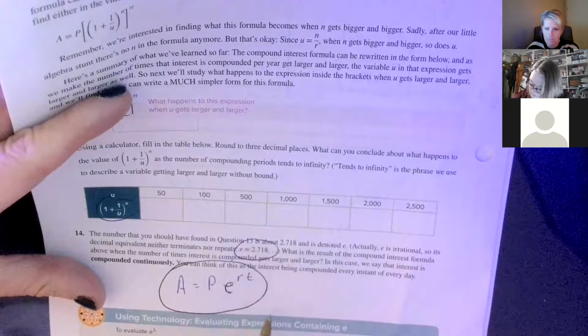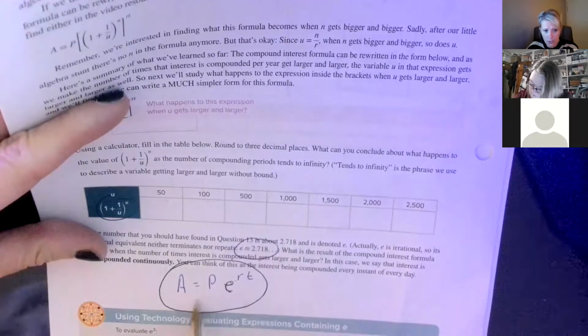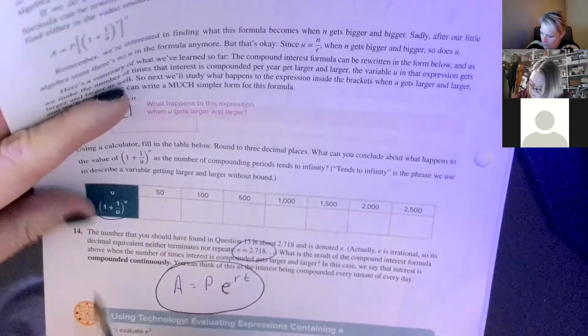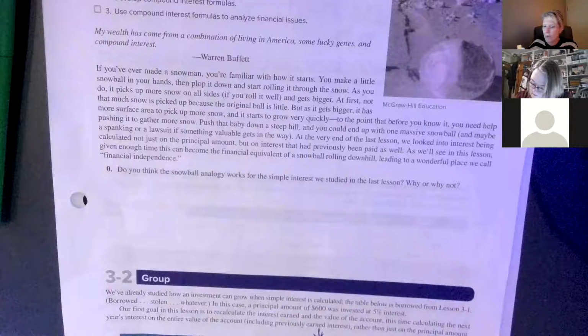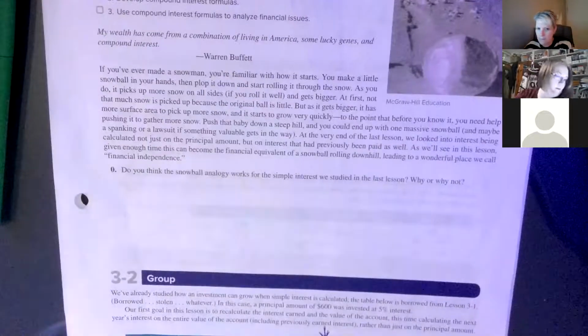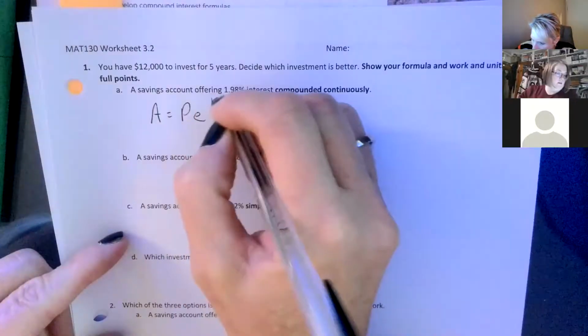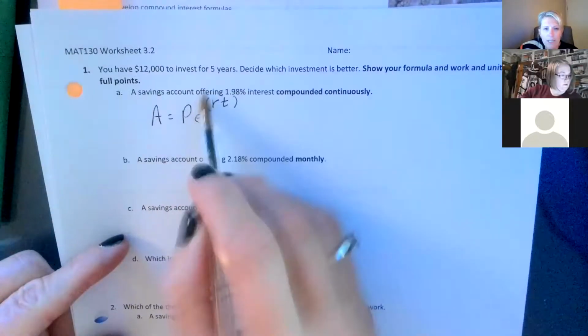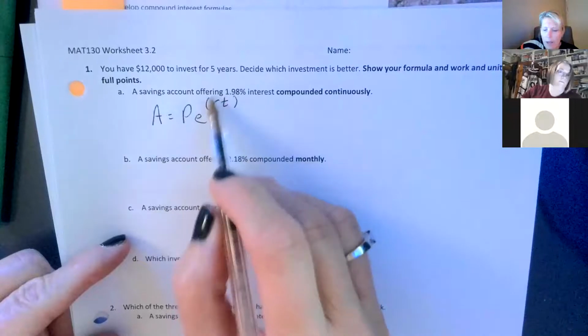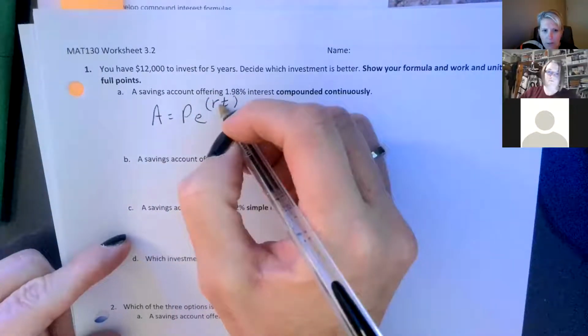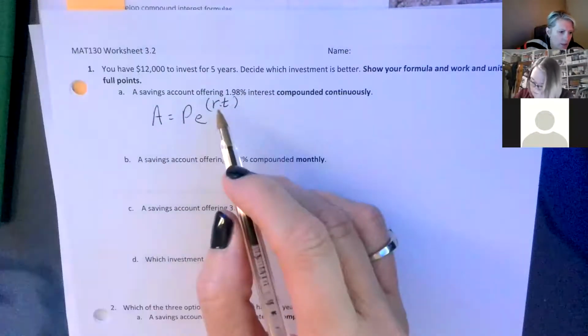So this is the one you're going to use for continuous compounding. Someone from the morning, Stephen, was asking about that. Make sure the rate times the time multiplication is done in parentheses up here in the exponent, or it won't do it correctly.